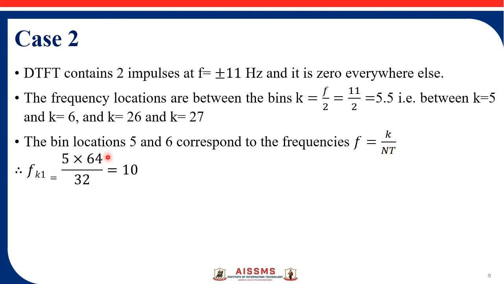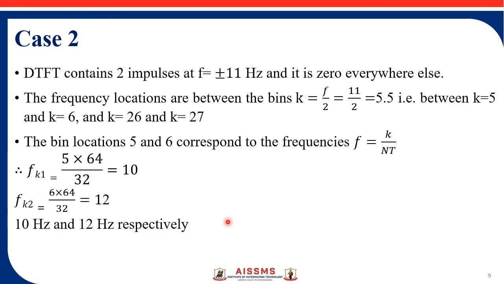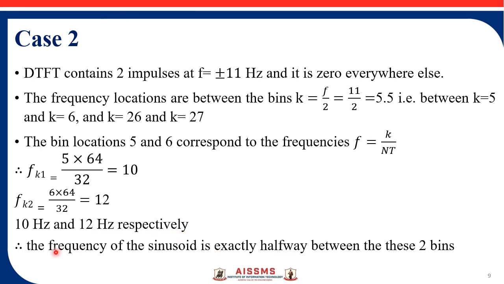So 64 will come in the numerator, and I will get the first frequency, 10 Hz, and the second frequency is 12 Hz. So the bin locations 5 and 6 correspond to the frequencies 10 Hz and 12 Hz respectively. Therefore, the frequency of the sinusoid is exactly halfway between these two bins.